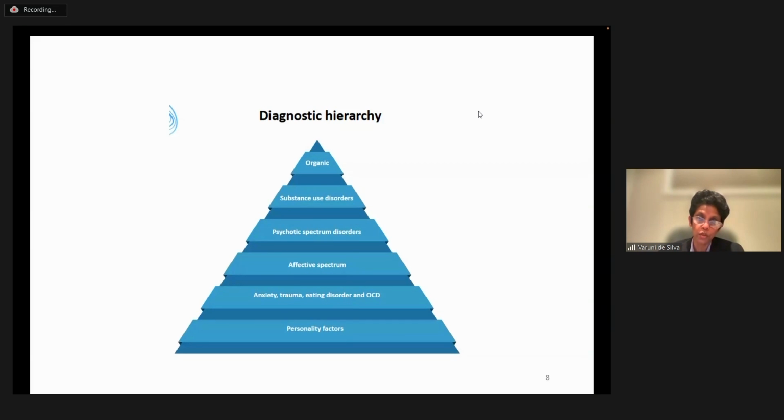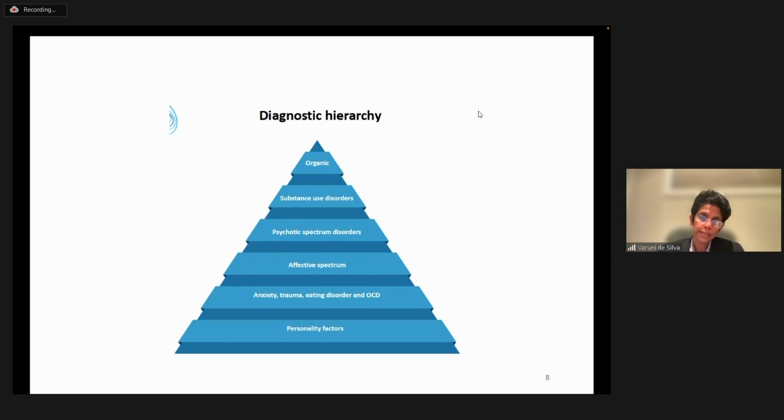So you diagnose organic disorder instead of psychotic disorder. Similarly, if you have psychotic symptoms and affective symptoms together, commonly schizophrenia and depressive symptoms, you diagnose schizophrenia rather than an affective disorder.